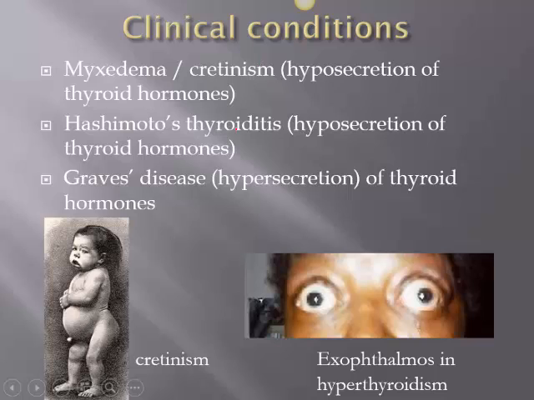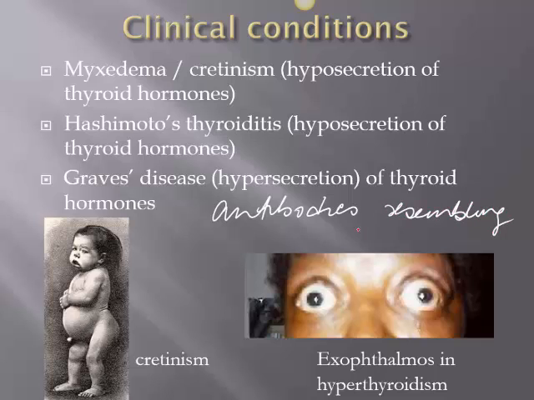And then the opposite of hyposecretion is a condition where you have hypersecretion of thyroid hormones. One such case of hypersecretion is a condition called Graves' disease. Graves' disease is also autoimmune, where antibodies resembling thyroid stimulating hormone are produced.